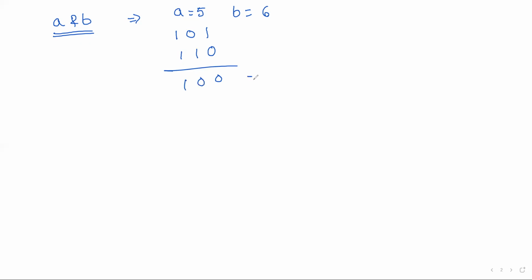Now assume A is equal to 5 and B is equal to 6. A is converted into binary 101, B is also converted into binary 110, and then perform the AND operation bit by bit: 1 and 1 is 1, 0 and 1 is 0, 1 and 0 is 0. The result is 4.